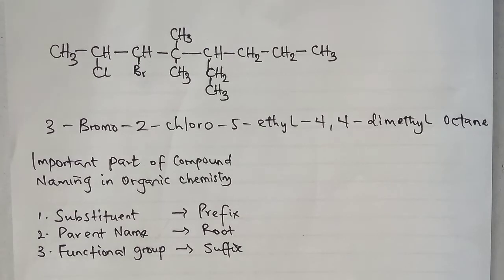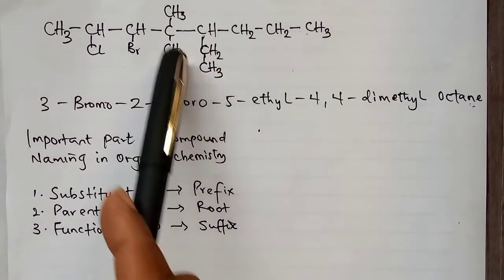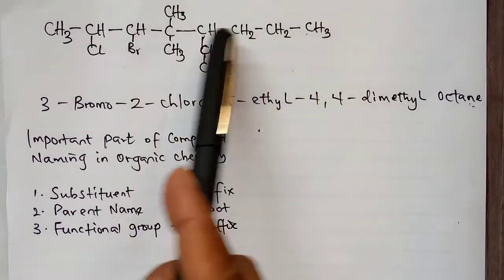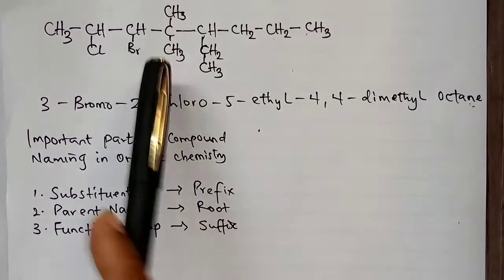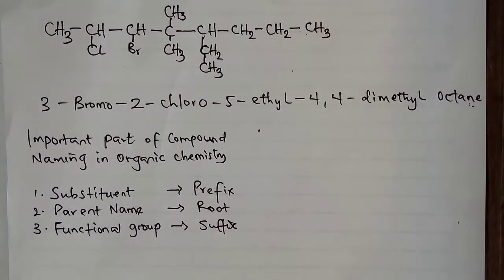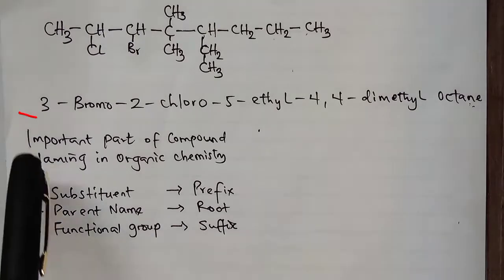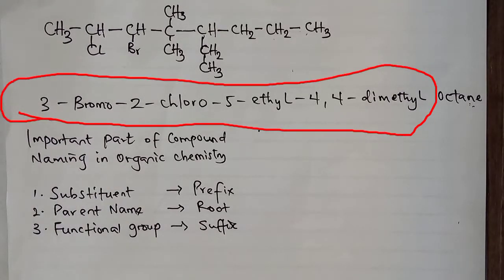What we mean by substituents in this organic compound is derivatives, branches out of the longest chain. For instance, if you trace this like this, all those that branched out that are not hydrogen, other elements apart from hydrogen, we call them branches. 3-bromo 2-chloro 5-ethyl 4,4-dimethyl are all what we call substituents.